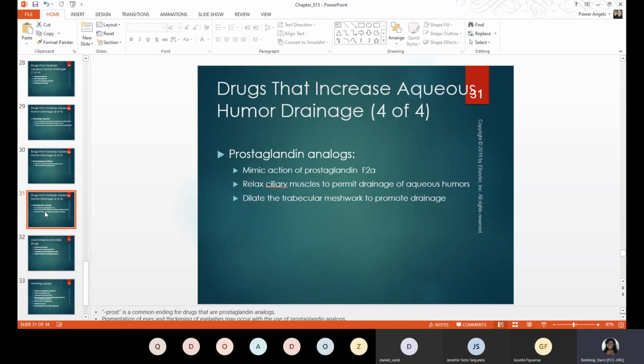Now, anytime you hear the term prost at the end, P-R-O-S-T, that's another stem of drugs that belong to the drug class prostaglandin analogs. So we learned about the zolamide being at the end, and now we just learned about a drug that if it ends in prost, it belongs to the prostaglandin analog class.